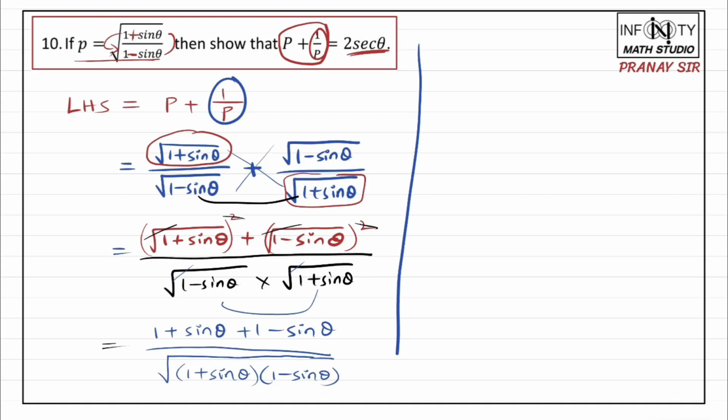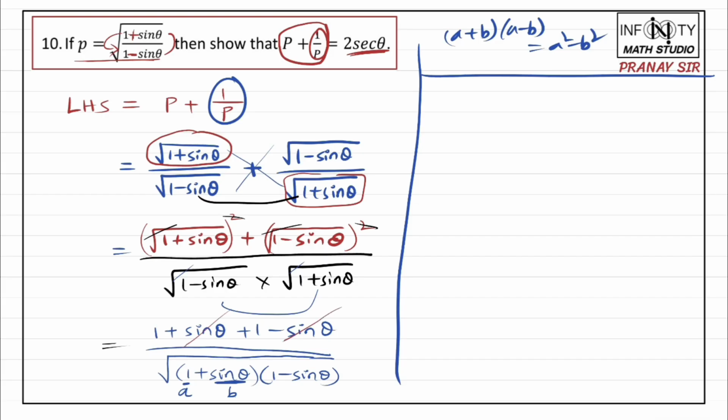Now if you observe in the denominator, this is a plus b into a minus b, if I take 1 as a and sin theta as b. The formula a plus b into a minus b is nothing but a square minus b square, right? So that formula I use in the denominator, and in the numerator, minus sin theta plus sin theta becomes 0 and 1 plus 1 becomes 2.